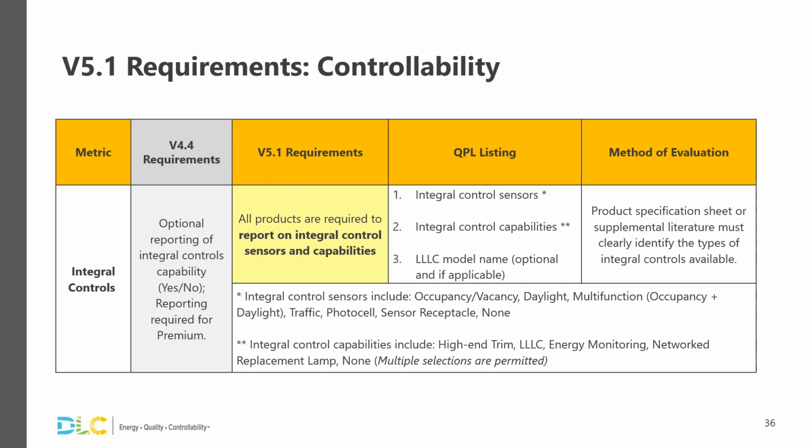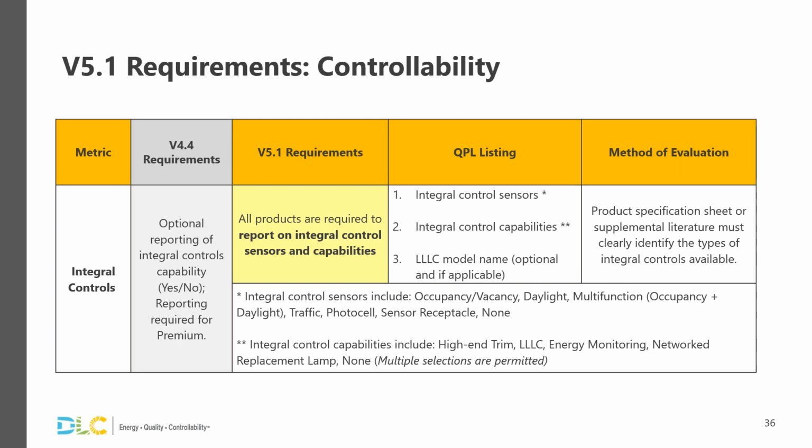And if the manufacturer claims that the product has luminaire level lighting controls, LLC, as qualified through the network lighting control qualified products list, there's the option to provide the model name of that specific LLC capability.